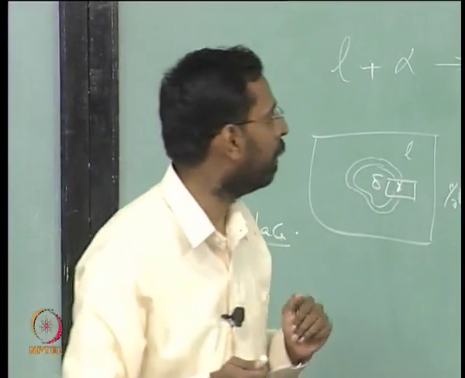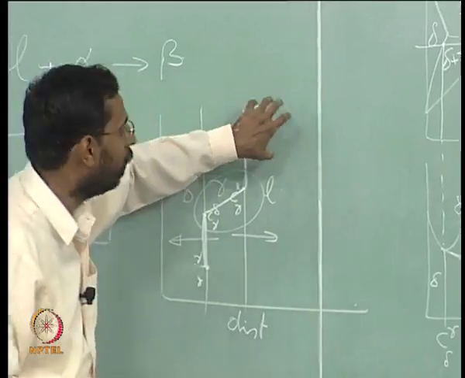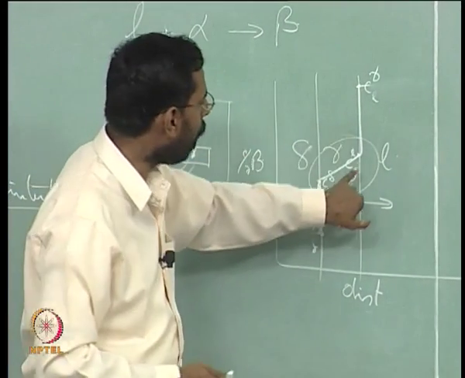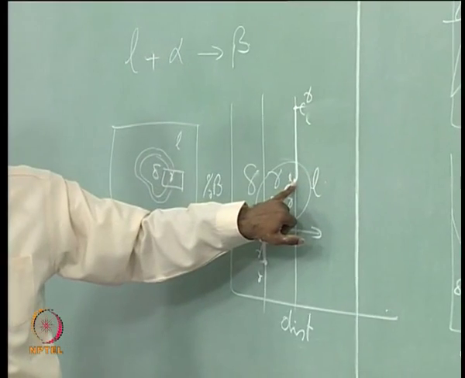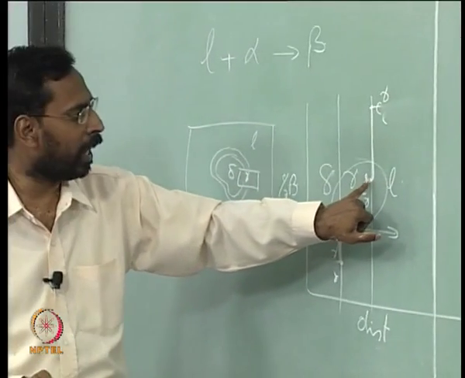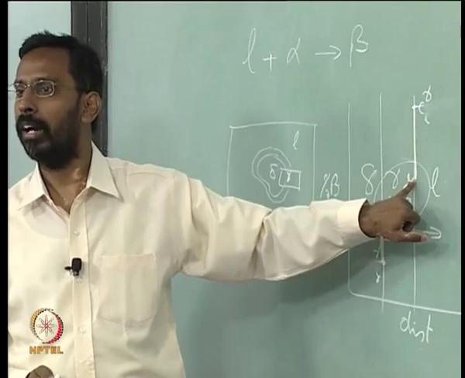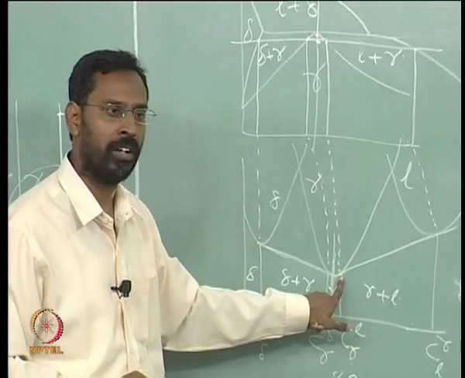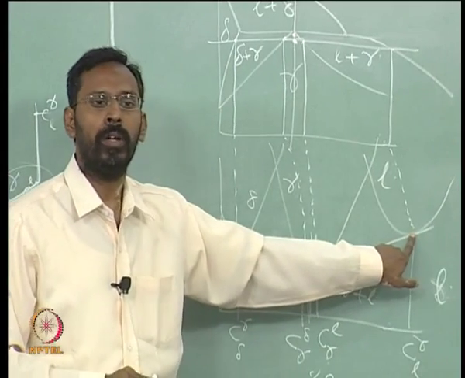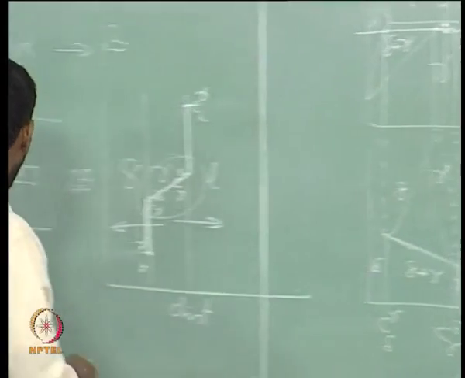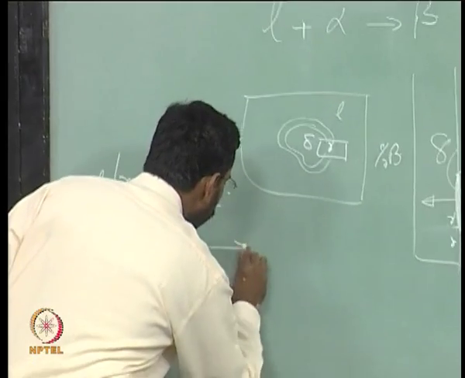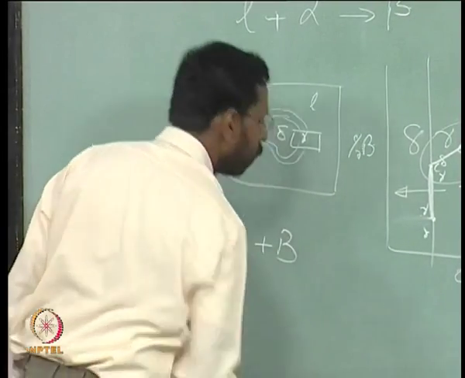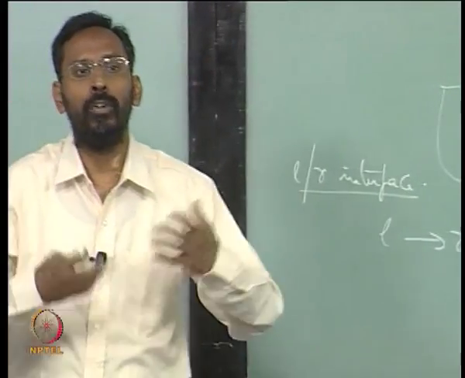And how does this happen? This liquid wants to transform to gamma, and gamma cannot take more percentage of B. Gamma can take only this much of B. According to the equilibrium, the composition of gamma in equilibrium with liquid is only this much, and liquid has this much of B. So, the liquid gives you gamma, and the excess B atoms are given out.